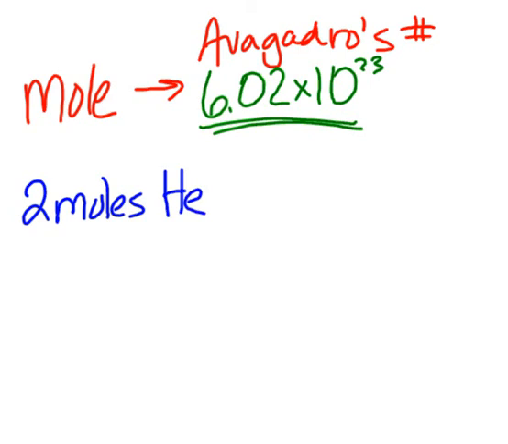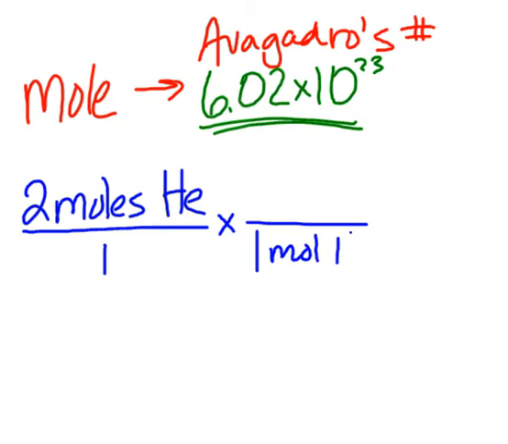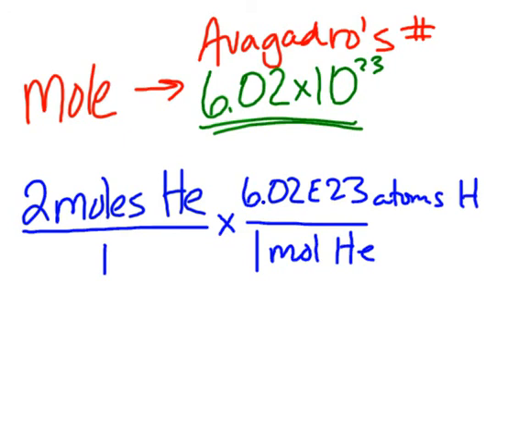So if I have 2 moles, I would put moles over 1, and I know that 1 mole of helium is equal to 6.02 times 10 to the 23rd atoms of helium. Then I'll cancel my units out, and if I wanted to find out how many atoms of helium are in 2 moles of helium, I would just multiply 6.02 times 10 to the 23rd times 2.